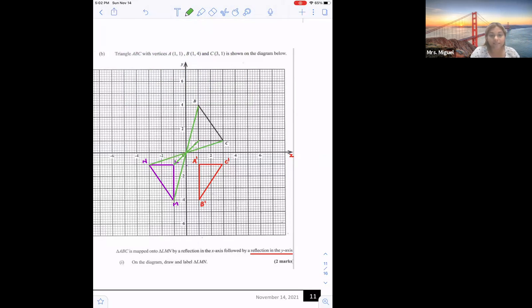So if you notice, this is my center of rotation. That point 0, 0. The point 0, 0 is the center of rotation. And this angle here is none other than 180 degrees, right? So it is a 180 degrees rotation about the origin.